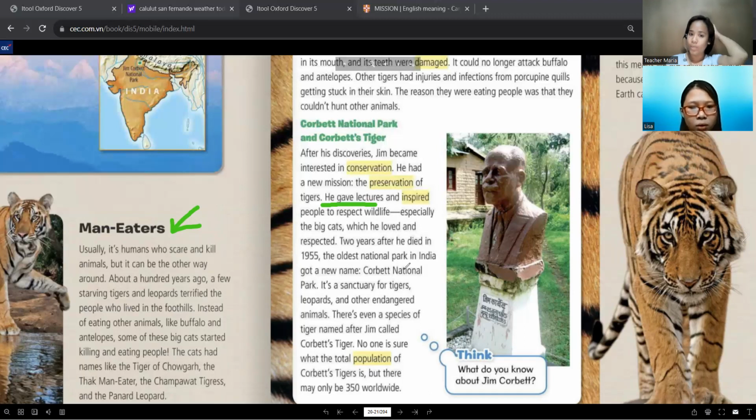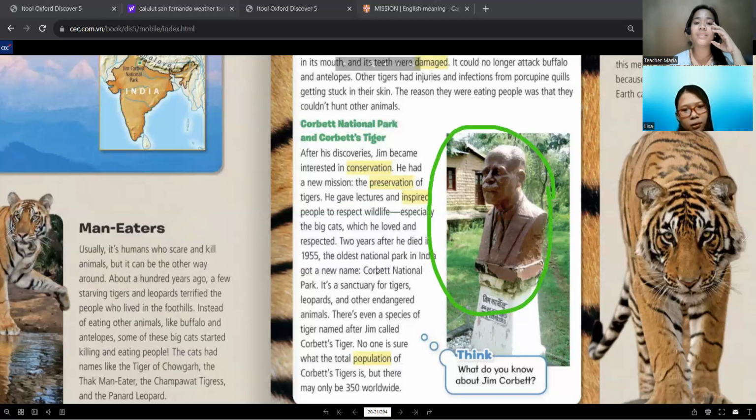Okay, but my question is, what is now the name of the park? It is named after Corbett. The park, Corbett what?